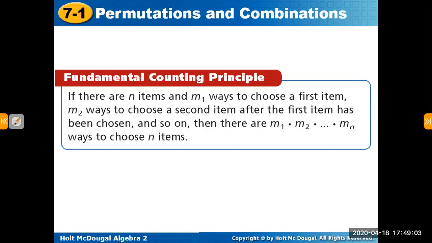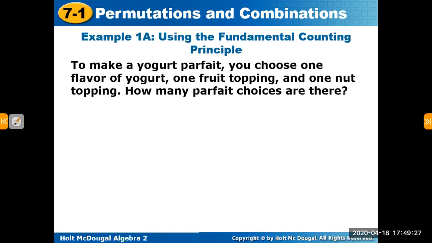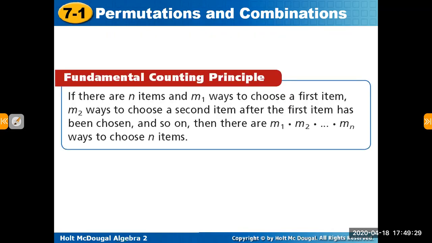If there are n items and m1 ways to choose a first item, m2 ways to choose a second item after the first item has been chosen, and so on, then there are m1 multiplied by m2 multiplied by up to mn ways to choose n items. What does this mean? Let's try to explain with a given example.